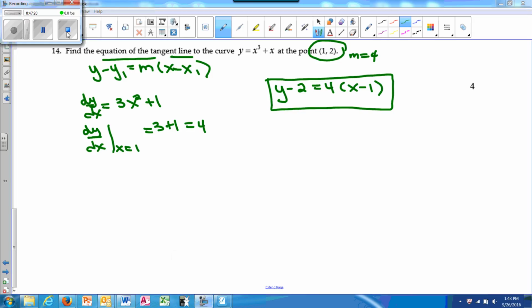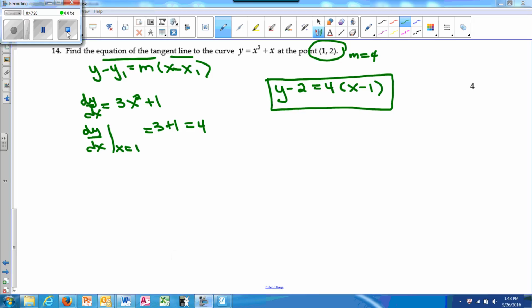The last one in this lesson. Find the equation of the tangent line to the curve at the point 1, 2. We want the equation of a line. The equation of a line is always point-slope form. So our derivative is 3x squared plus 1.